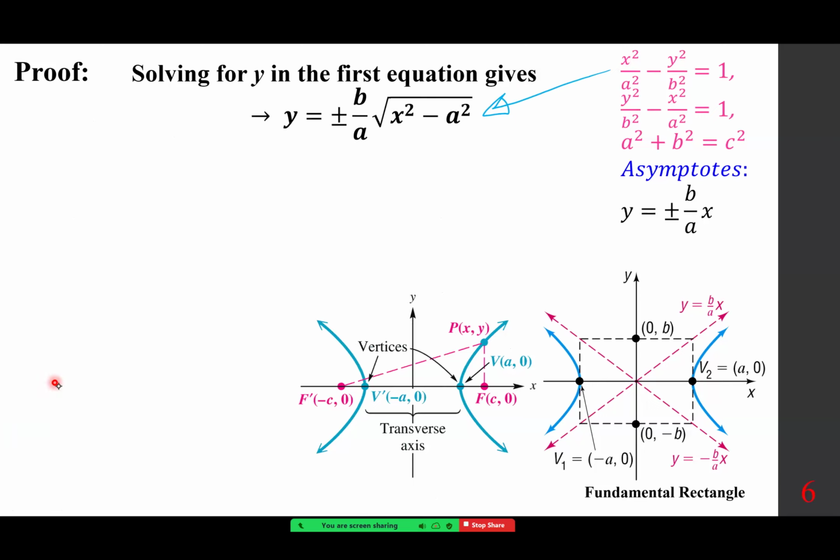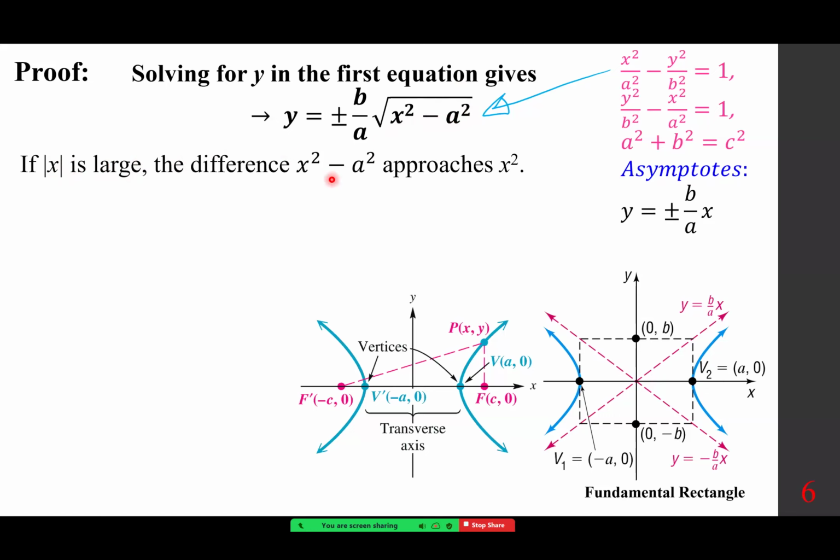So what happens is that if x is very large in the sense of an absolute value, because it's being raised to the power of 2, whether it's large on the negative or positive side, it becomes positive and large, and compared to a squared becomes so large that for all practical purposes, minus a squared becomes nothing compared to x squared.